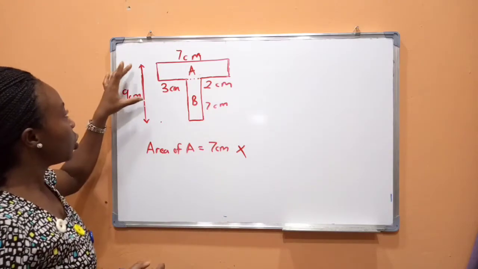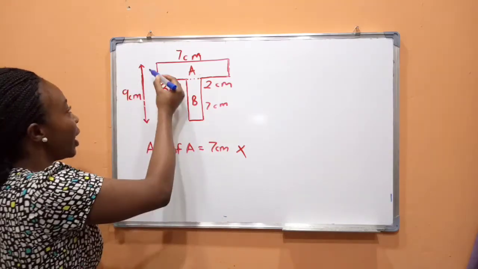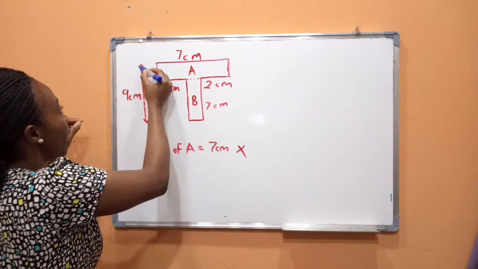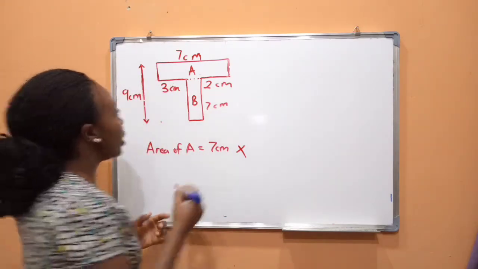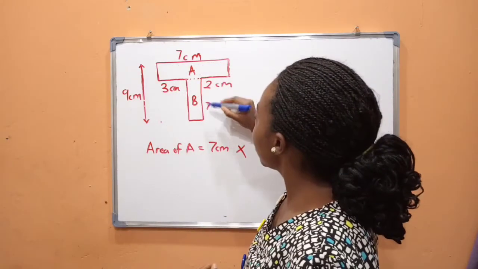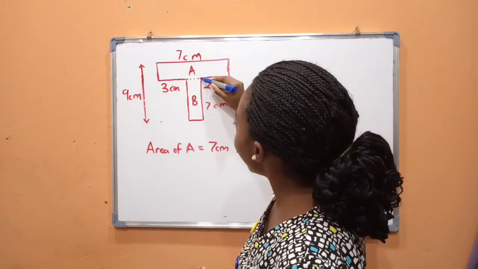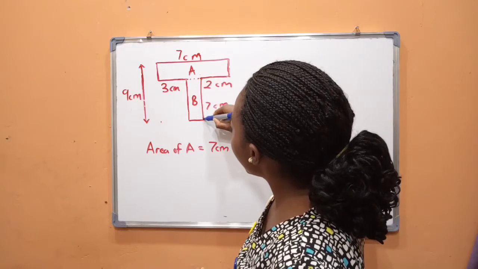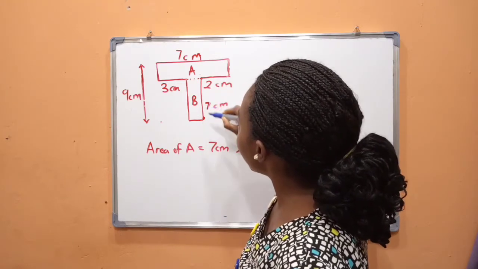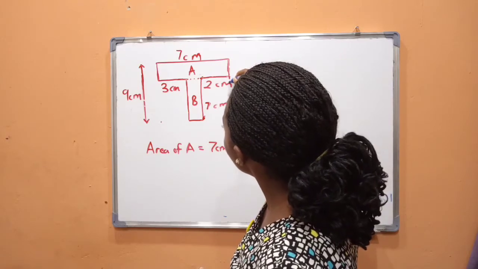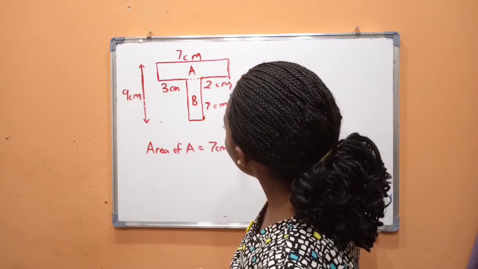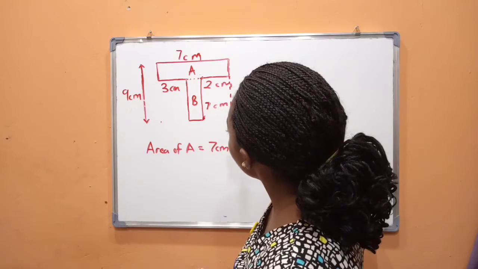Now if you look at this question, you're going to observe that the entire length from here to here is 9 centimeter. And then if you take a look at this other side, you're going to notice that this length from here to here is 7 centimeter. Now if from here to here is 7 centimeter, let's put some dots here. We are going to get another regular shape, okay?